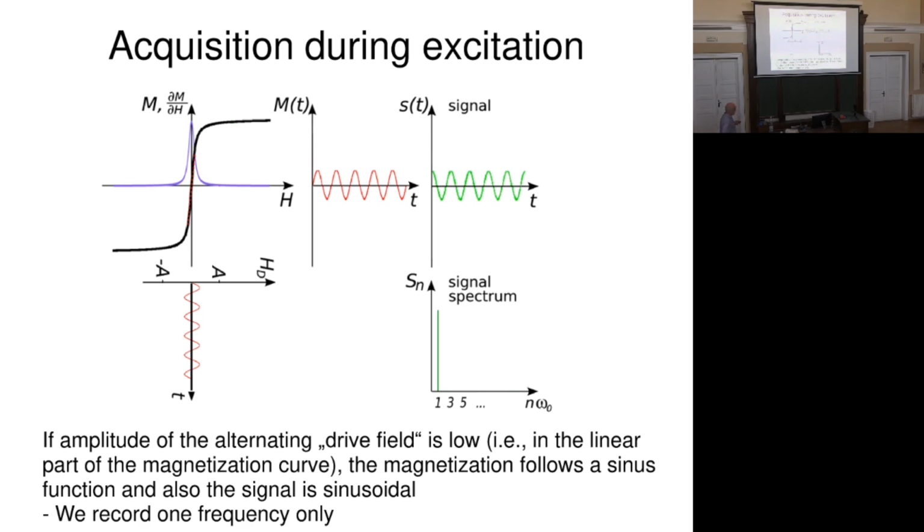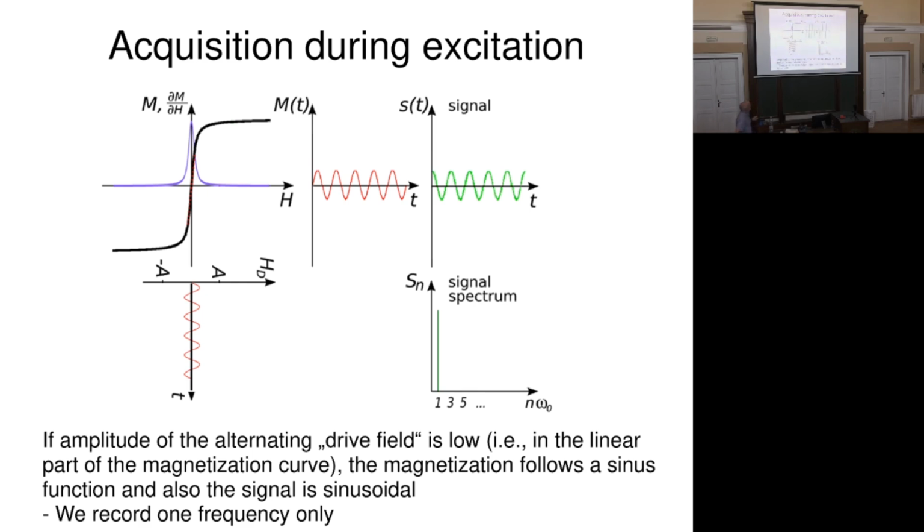The signal we monitor will be just the derivative of this, a cosine. The spectrum will be very simple: there will be one frequency recorded.